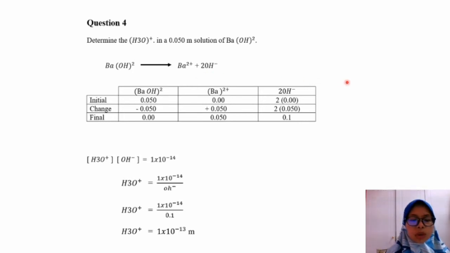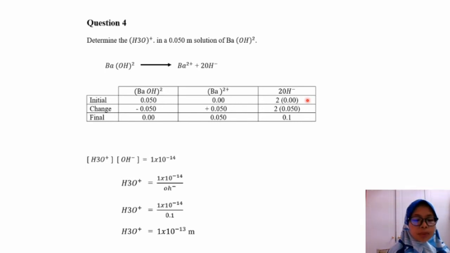So we are going to the ICE diagram. Initially there's no dissociation, so you only have the concentration of Ba(OH)2, which is 0.050, and there's no product, so it will be 0 here and 0 here.